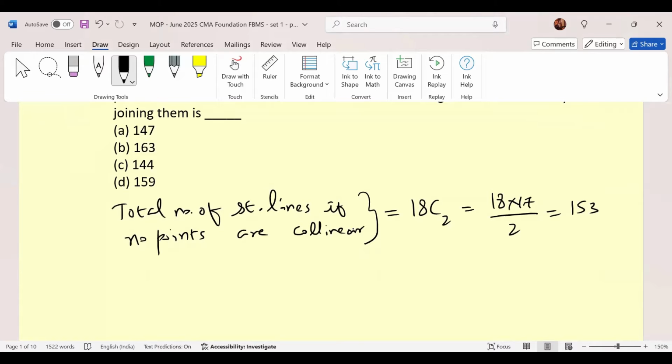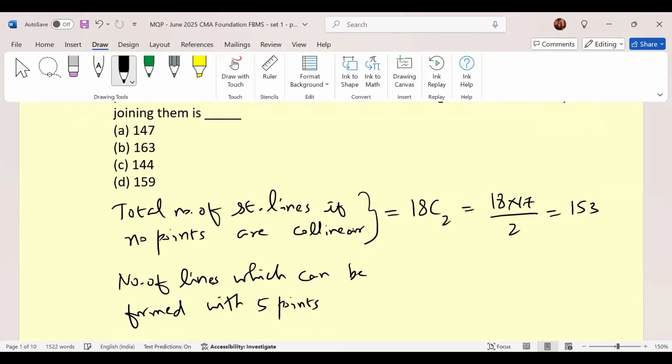Now, number of lines which can be formed with the 5 points. Means again, this is without any condition. This is 5 choose 2, and that will be 5 into 4 by 2. We get 10.